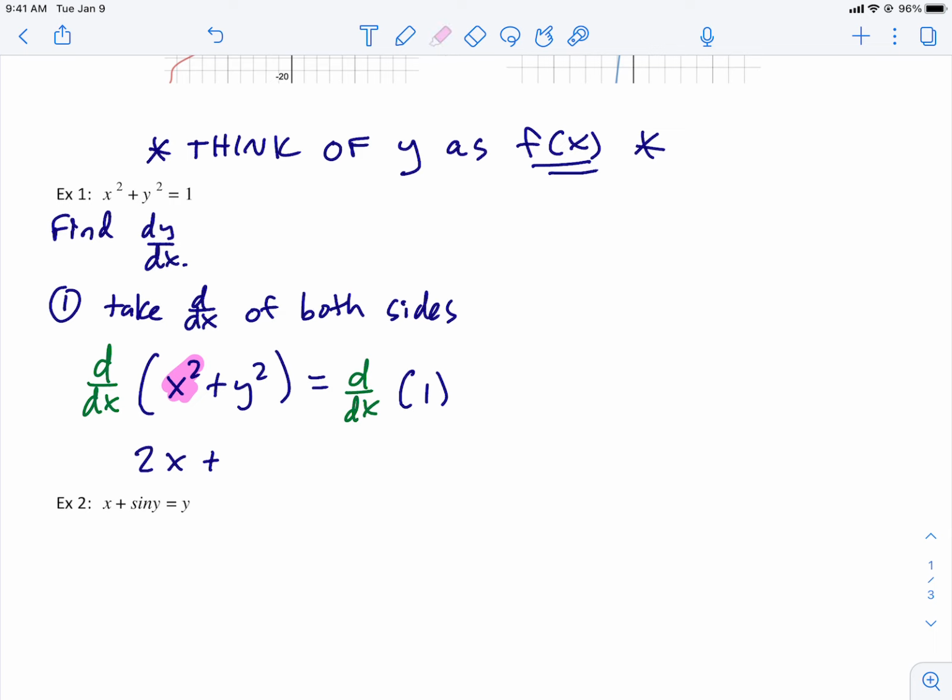This y, remember, it's technically f of x. So if I take the derivative of f of x, it's technically f prime of x.